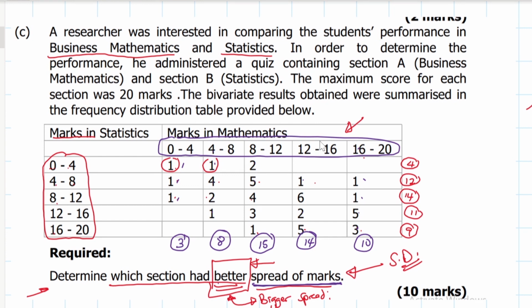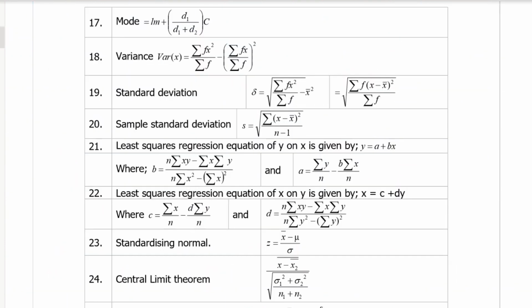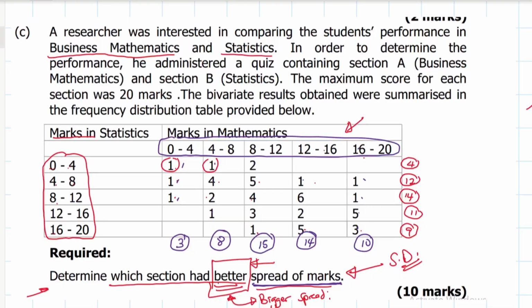In most examinations, you move into the examination room and they give you formula booklets, so when we come here, this is the formula for standard deviation. You're just going to copy the formula, and after copying the formula, you simply substitute.